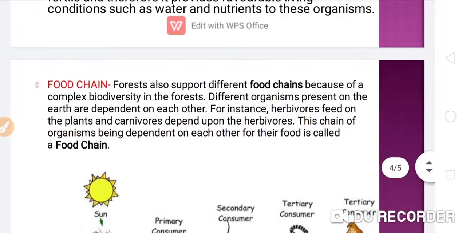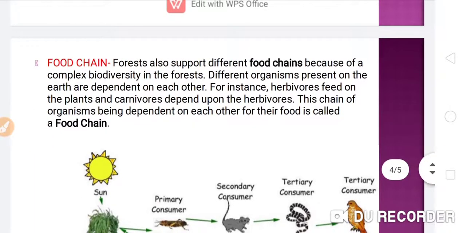Now, food chain. This is a very important topic of this chapter. Forests also support different food chains because of a complex biodiversity. We have a huge biodiversity of animals, plants, and microorganisms, which are all part of the forest and are connected to each other.